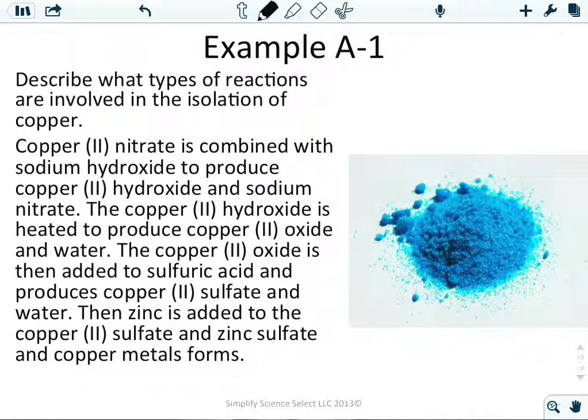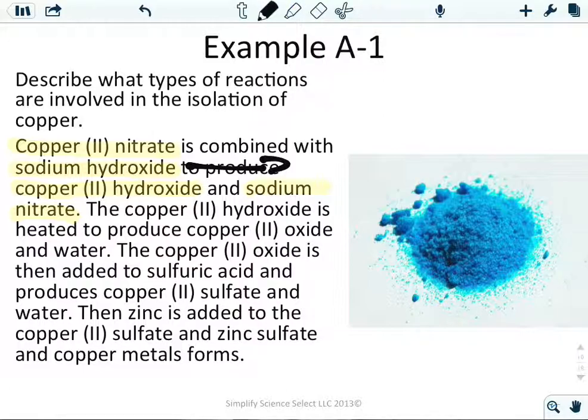It says describe what types of reactions are involved in the isolation of copper. So we have copper 2 nitrate combined with sodium hydroxide, and we see that it produces copper hydroxide and sodium nitrate.